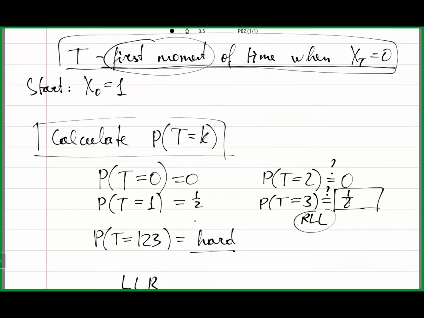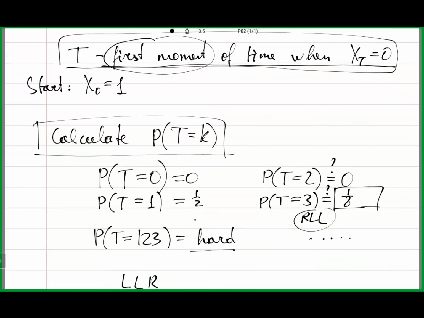Yeah. And we can continue calculating small probabilities for small values of t. That's more or less easy by hand, but the situation will be very complicated for t equal 123, because you may go right, left, right, right, left, and arrive finally at the point 0.